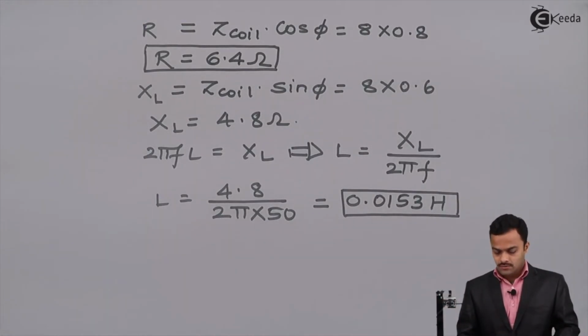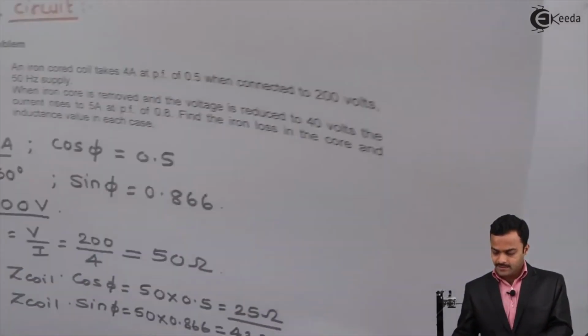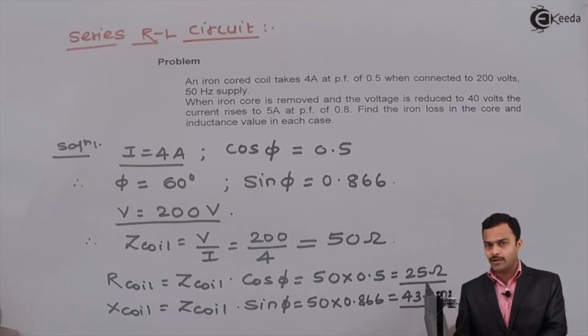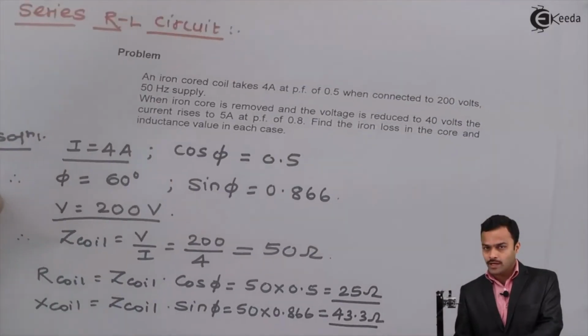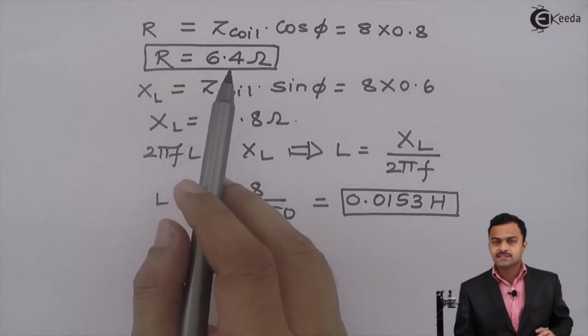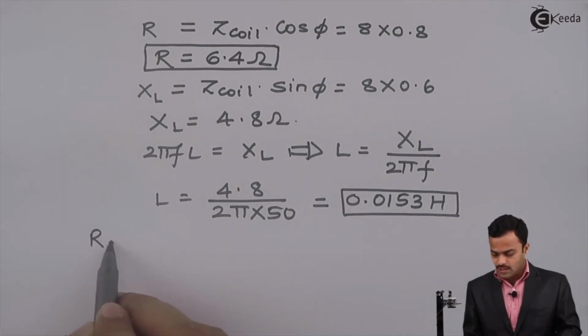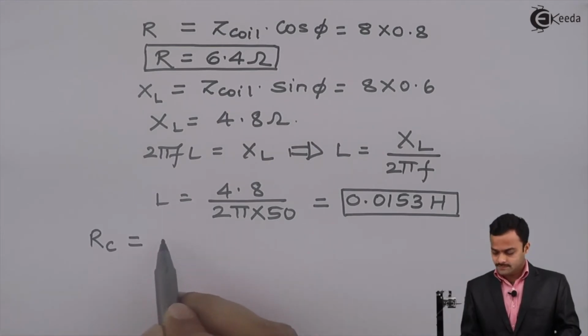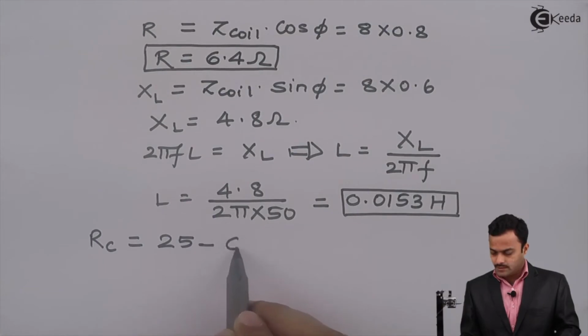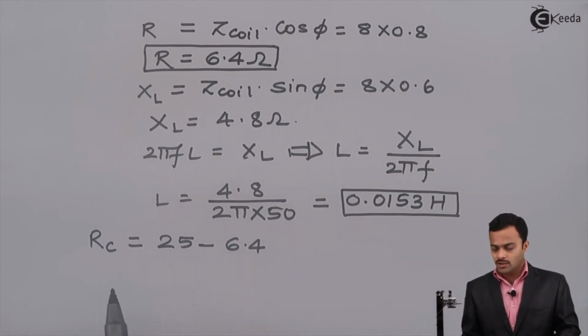Now last part, what is the core loss in iron core? Whenever iron core is there, I am getting resistance value as 25. As soon as I remove iron core, resistance becomes 6.4 ohm. So the resistance which is responsible for iron loss is RC, which is nothing but 25 minus 6.4. What is the logic?